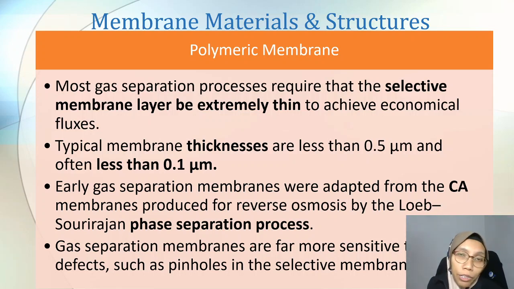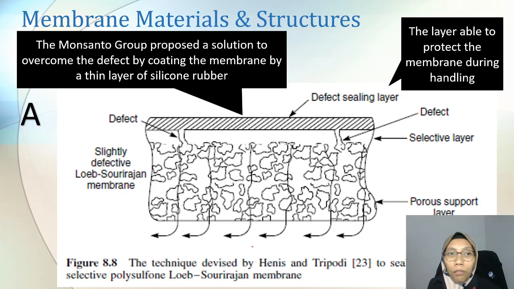But in gas separation, we should not have this type of pores. So the Monsanto group came up with an idea of sealing the defect with a thin layer of silicone rubber.